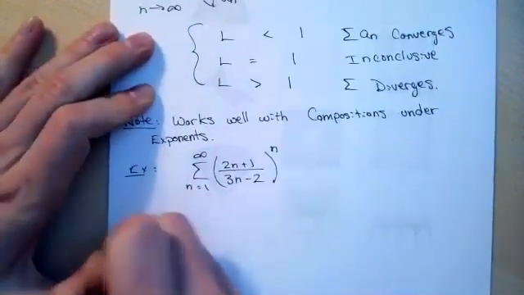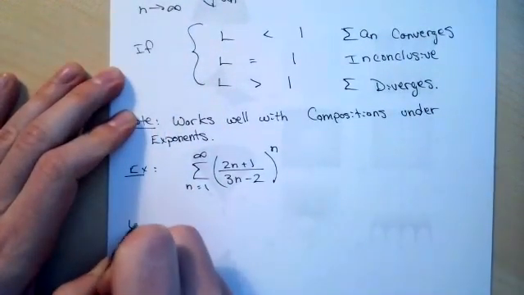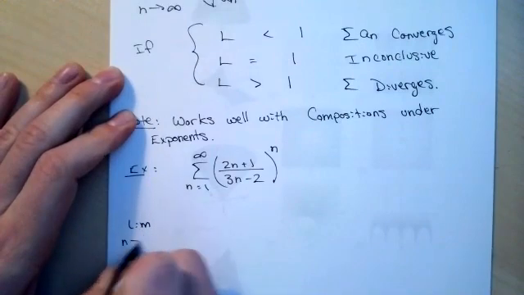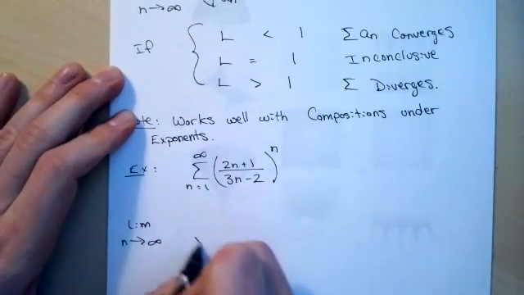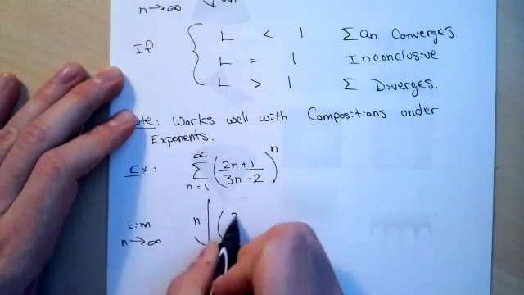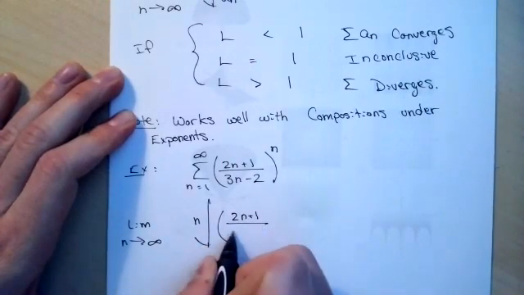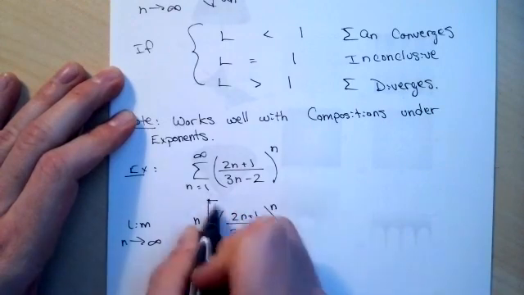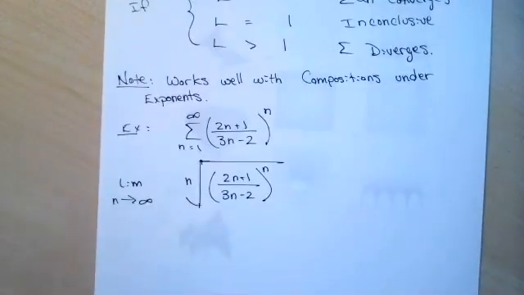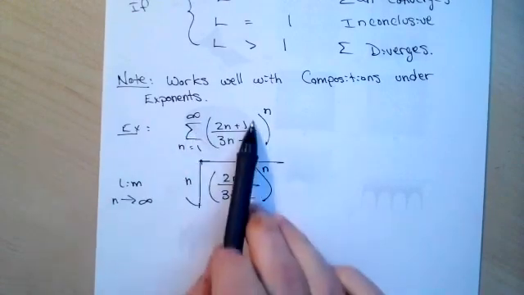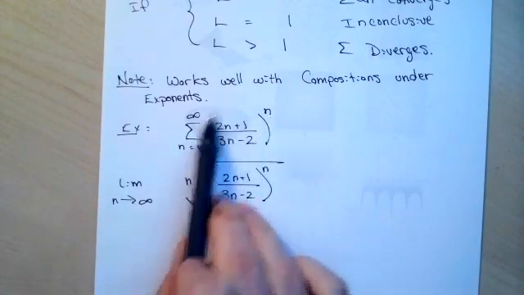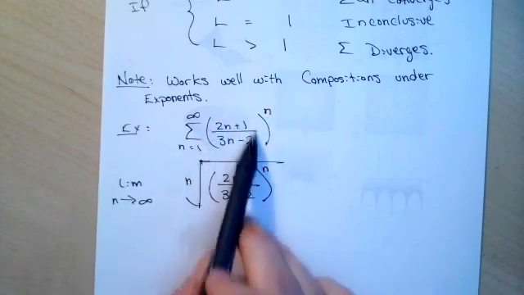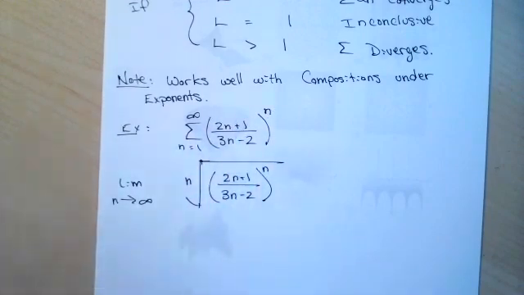So what we can do then is to compute the limit as n goes to infinity of the nth root of the individual terms of our sequence. So in other words, if we have a sequence that looks geometric, something raised to the n, but that something is now some function, then this root test is going to work very well.